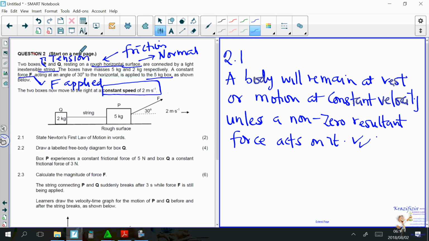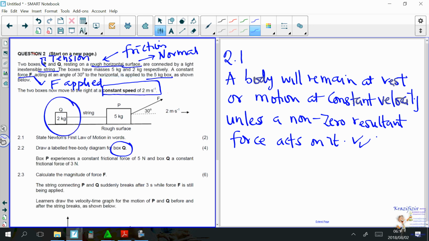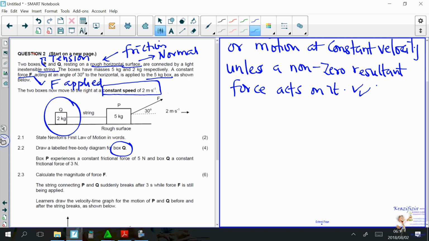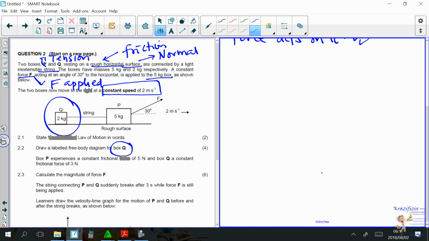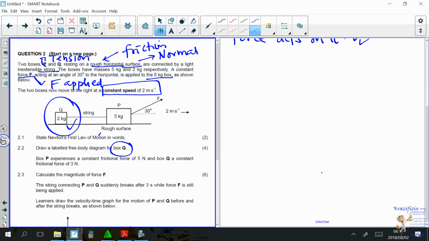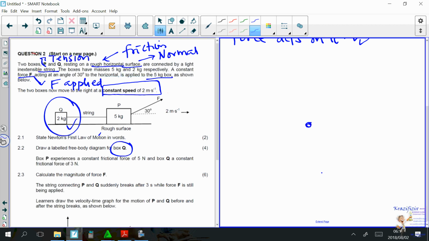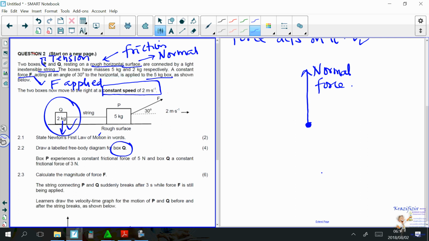Draw a labeled free body diagram for Q. Now let's look at our Q. Let's interpret. What forces do we see on Q? Number one, there is a normal force because the object is on a surface. How do we represent it? Please use a ruler when you draw. So here I've got my normal force, right, in full, normal force. Okay, Q has a mass, so obviously it has a weight.